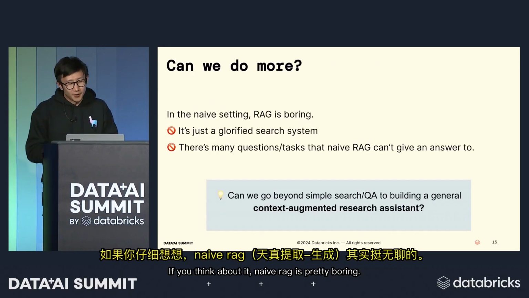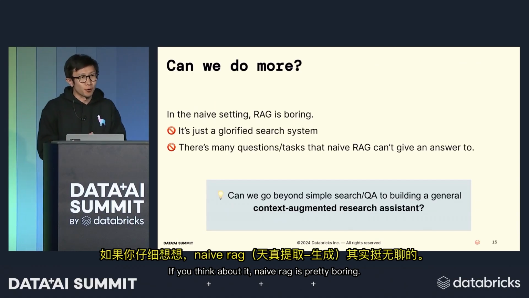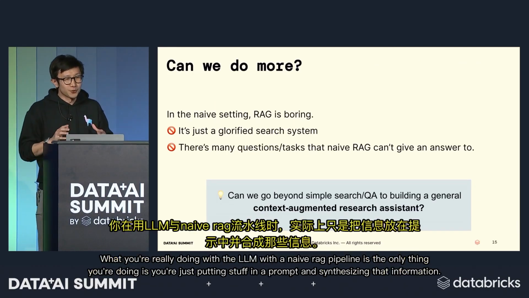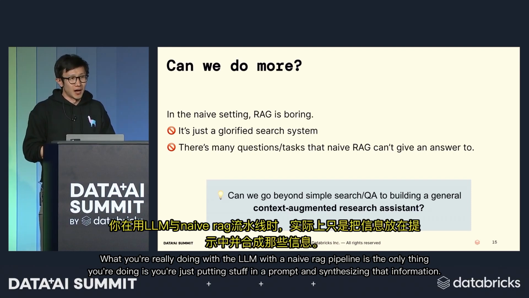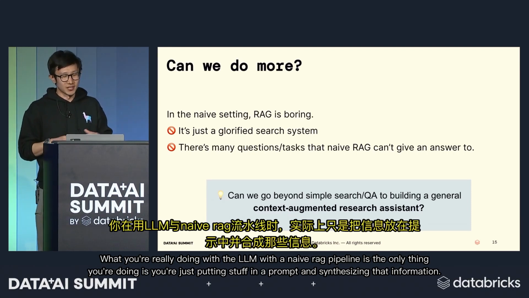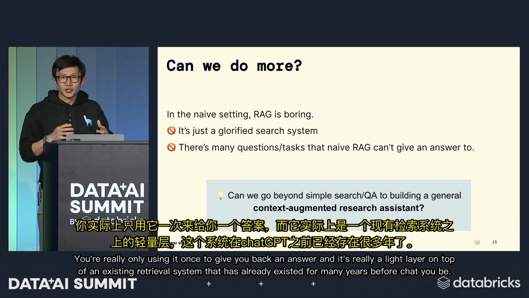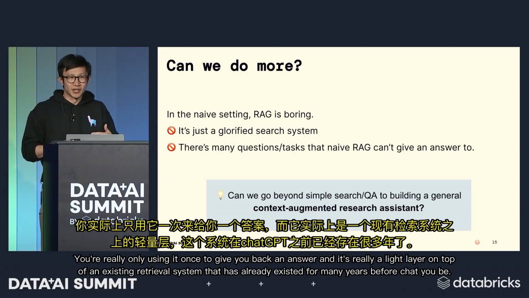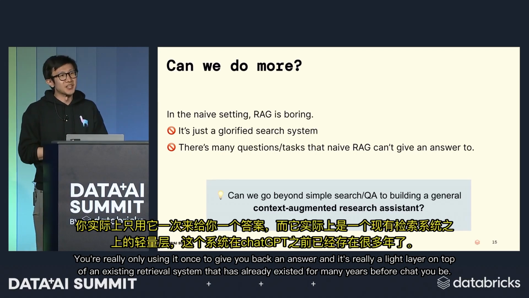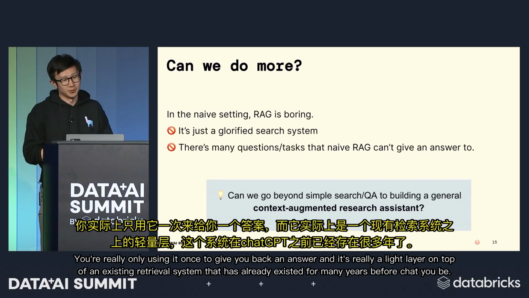And if you think about it, naive RAG is pretty boring, right? With a naive RAG pipeline, the only thing you're doing is just putting stuff in a prompt and synthesizing that information. So you're really only using the LLM once to give you back an answer, and it's a light layer on top of an existing retrieval system that has already existed for many years before ChatGPT.